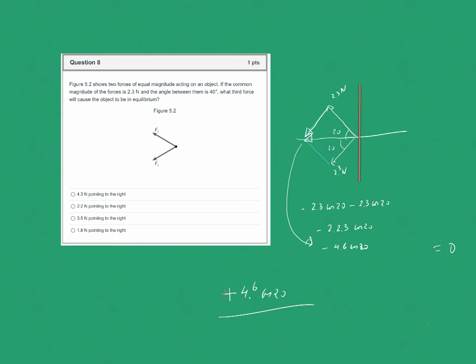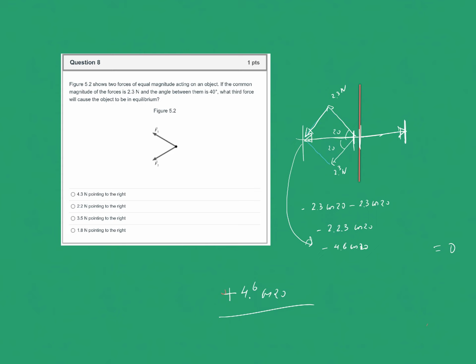And I don't want to produce acceleration in this direction. What should I do? I should add a force in the negative direction with the same magnitude as this force. So what is the magnitude of this force?